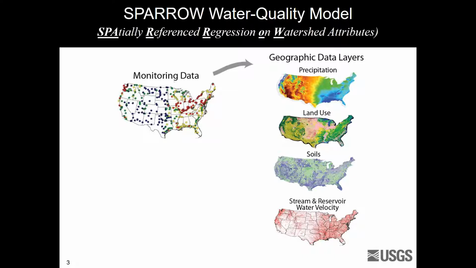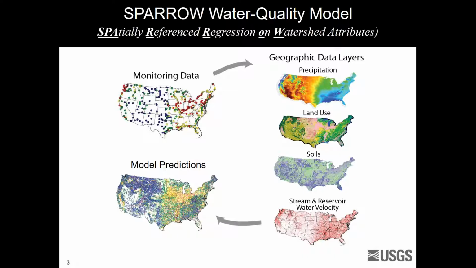The monitoring data and the geographic data are all linked in the same spatial framework, which is defined by a stream network data set. And once all that data is combined in the spatial framework, the model is calibrated to optimally reproduce the measured loads at various locations.